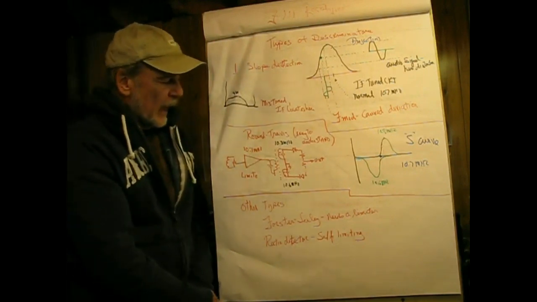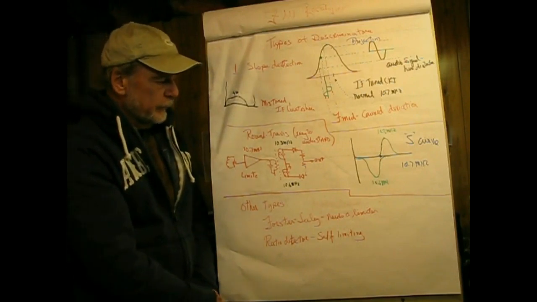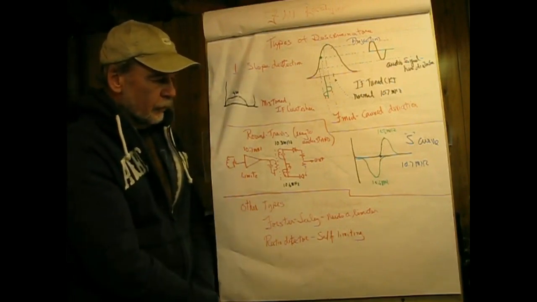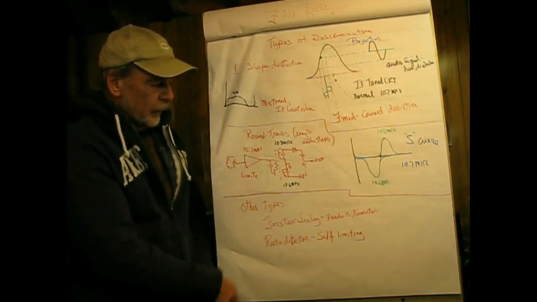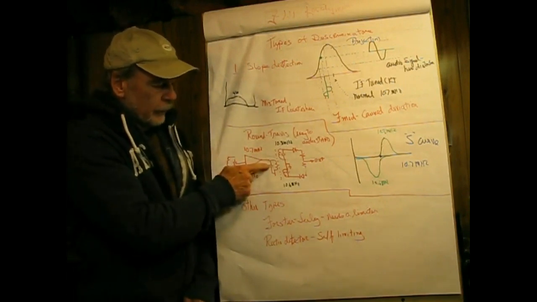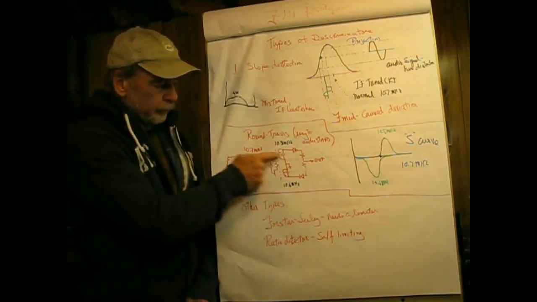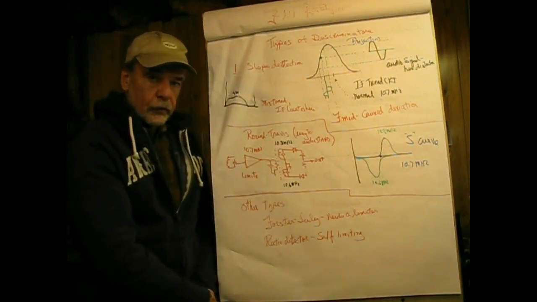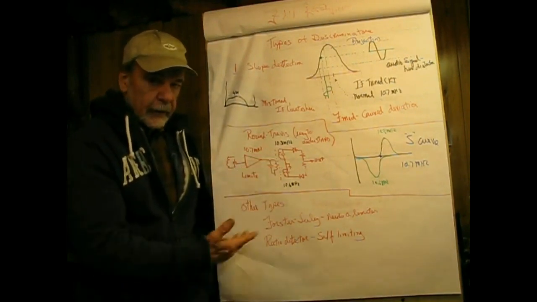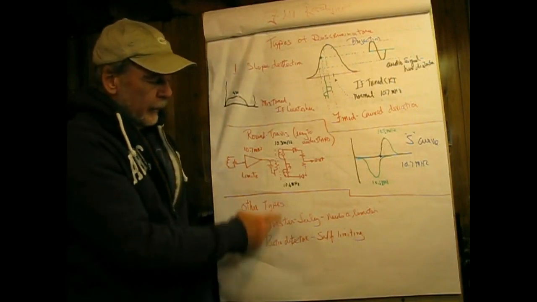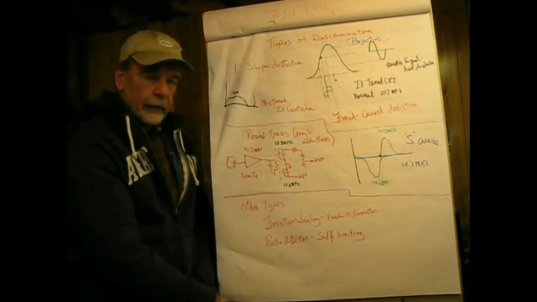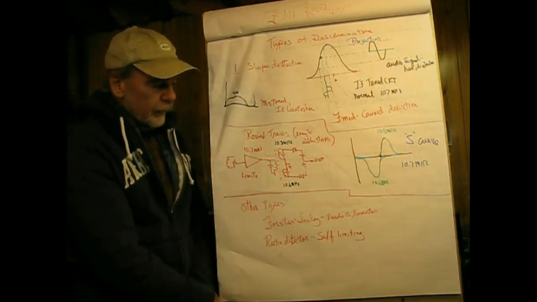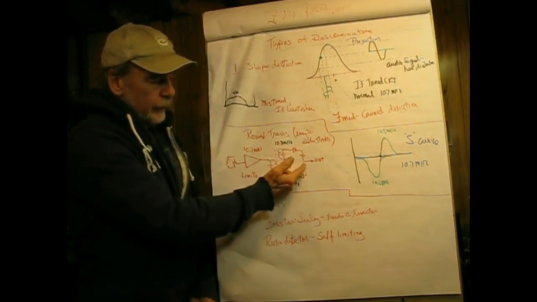So another common discriminator topology was the Round-Travis, and this is kind of easy to understand. Here we've got a 10 megahertz primary, and there's 2 secondaries on this. One is tuned slightly above, and I've indicated 10.8 megahertz, and the other is tuned slightly below. I've indicated 10.6 megahertz. And this goes into a detector network.